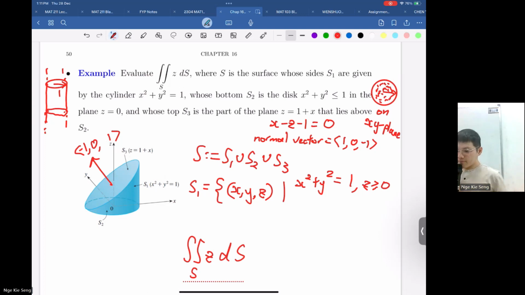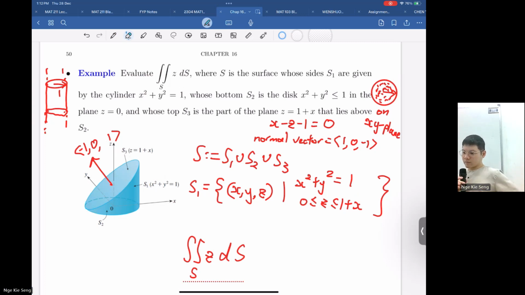The top part is bounded by this plane here, so from 0 all the way up to this plane, so z is bounded above by 1 plus x.